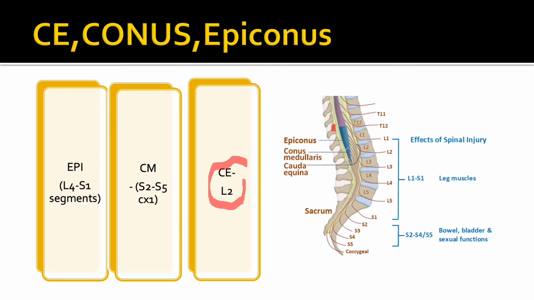So this is part of the central nervous system, and that is the lower part of the spinal cord, and it lies against the L1 vertebra. Epiconus is the 5 segments above the conus, that is L4 to S1 forms the epiconus. Even though we divide into conus, Cauda Equina and epiconus, there is a lot of overlap between the physical findings and clinical symptomatology. That should be remembered.